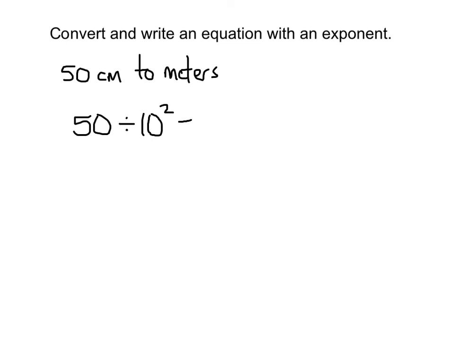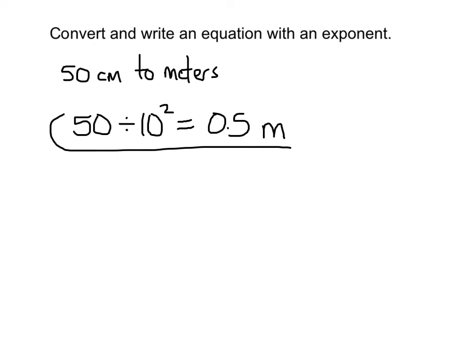And that's going to be equal to, making an equation, I need an equal sign. A 2 tells me I'm moving my digits 2 places. I'm going to get 5/10 meters. And that makes sense. That's a half a meter, and 50 is half of 100. So that would be my answer there, and that would be my equation that I would need to include.